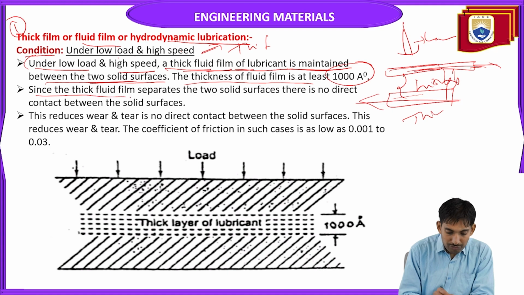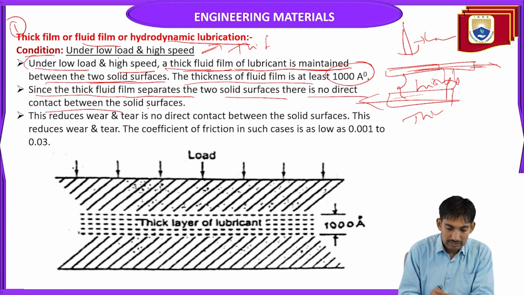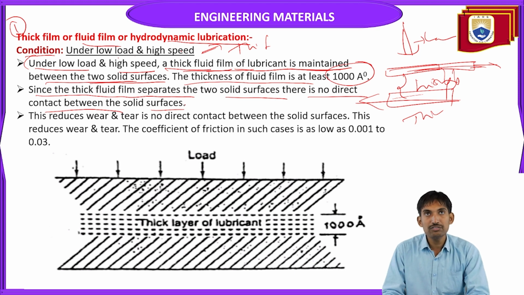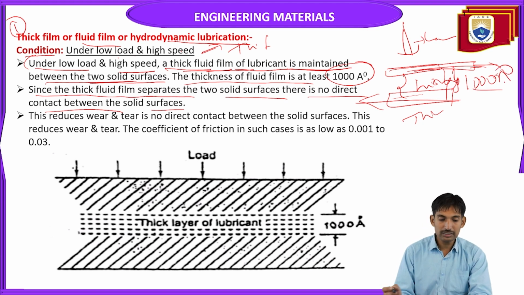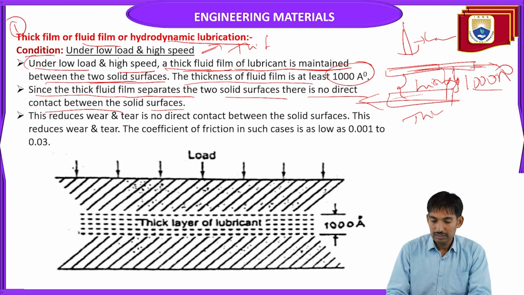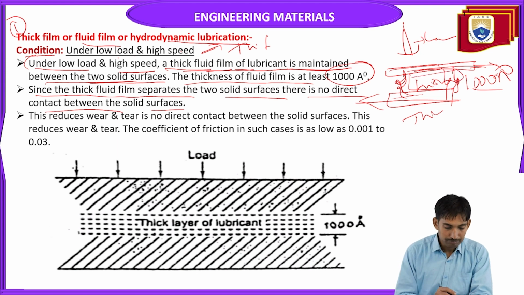Since the thick fluid film separates the two solid surfaces, there is no direct contact between them. Because the thickness is more than 1000 angstroms, these two surfaces are separated by the thick lubricant film.